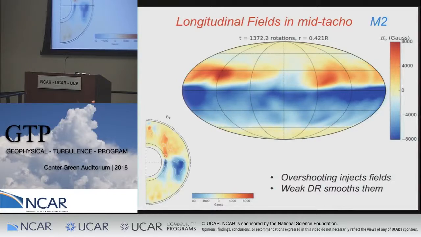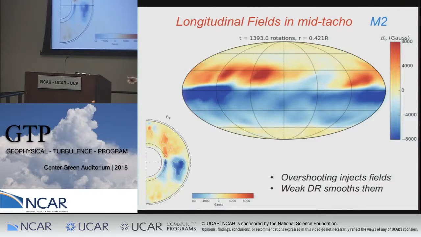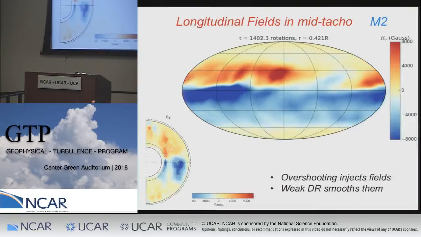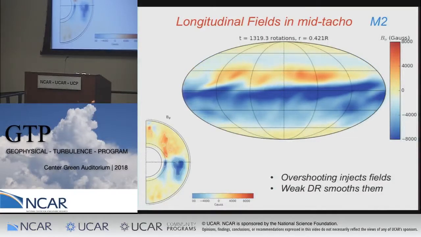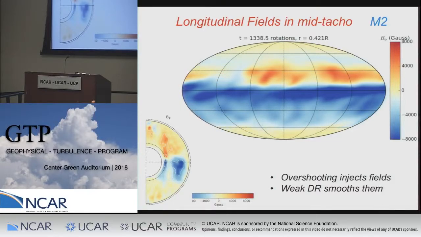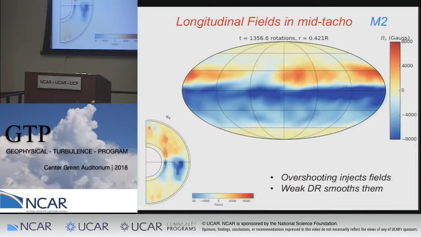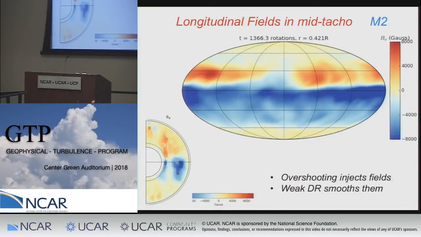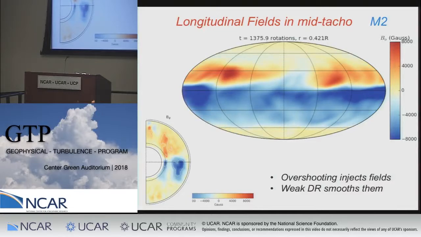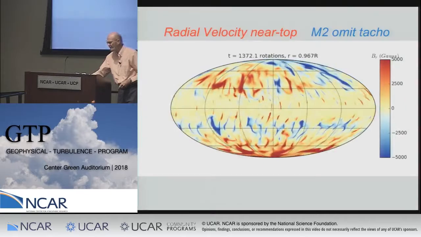Principally by overshooting and injecting fields from the convection zone, in terms of the motions that penetrate into this region. And there's still some weak differential rotation, and that plays some role also in smoothing it. And what is interesting is, again, even in the middle of this region, you have field strengths of the order of 4 to 8 kilogauss.